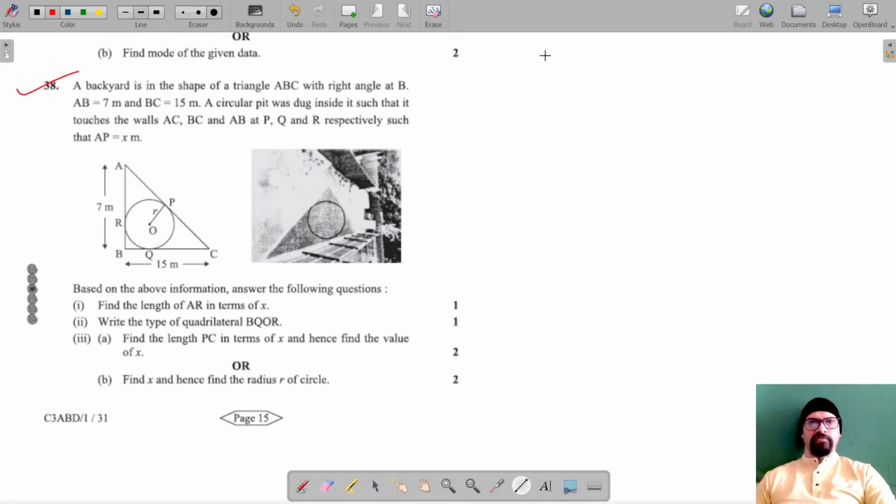So I'm going to draw this figure once again. This is a right angle triangle ABC with a circular pit in the center.